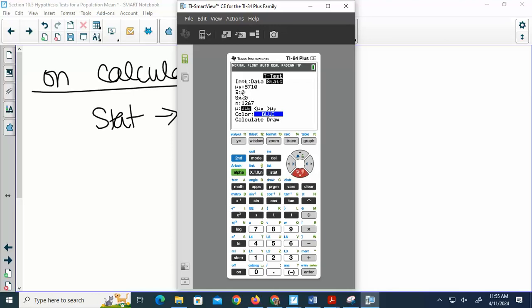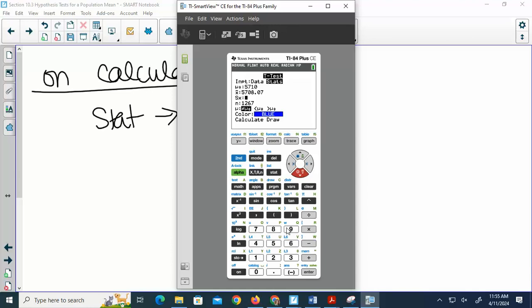X bar was our sample mean, which was okay, the sample standard deviation. So that's the one, not what we calculated when we did S over root n. It's just straight from the problem.